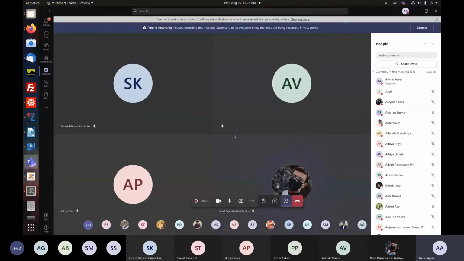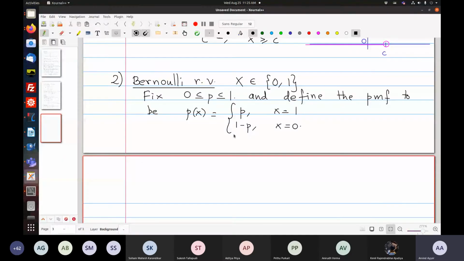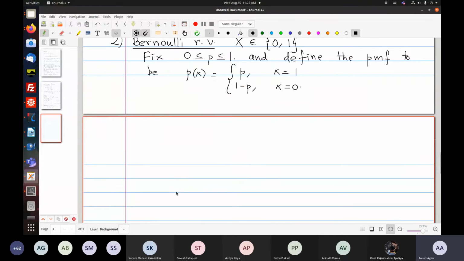Coin toss, that's right. Yes, coin toss. So this is a coin toss, for example, with heads probability p. If p is 1, this is like that Sholay coin, and if p is half, this is a fair coin. But in general, this is a generic coin. So you can think of this as a coin toss.